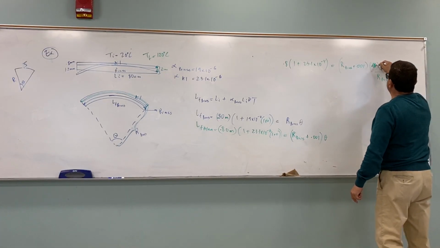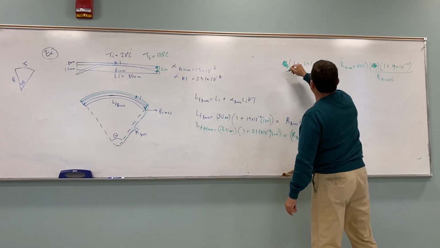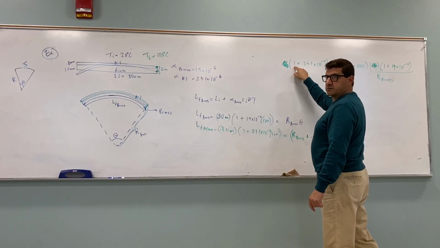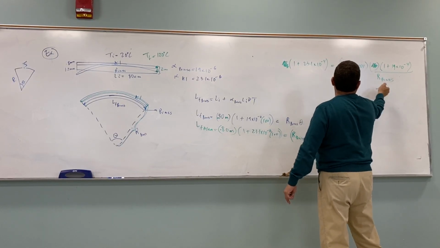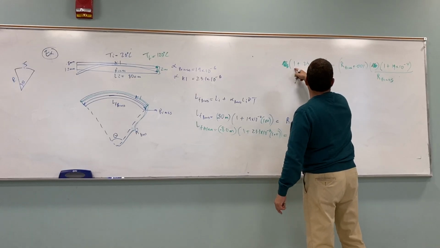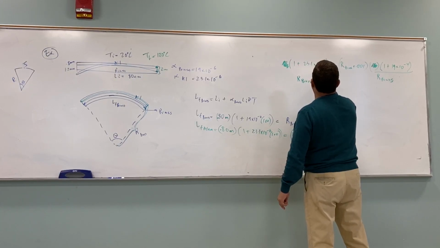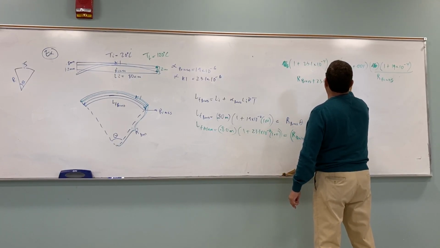The 0.8 cancels. R brass can cross multiply over there, right? This one can go over there, and then you get 1 R brass plus 23.1 times 10 to the minus 4 R brass.